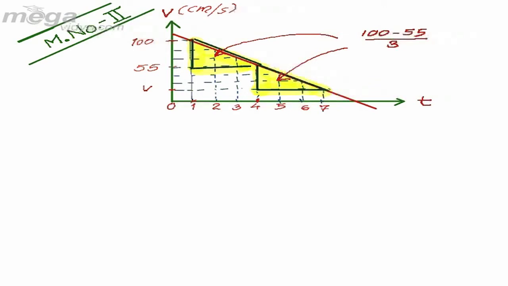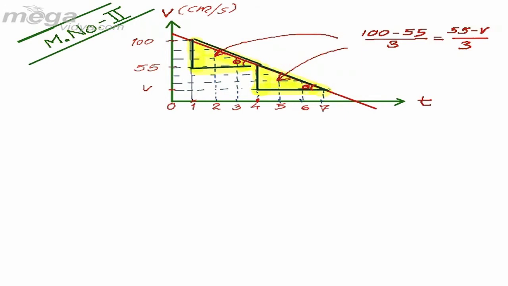So perpendicular upon base, if we say this angle is theta, then for the second triangle it comes out to be 55 minus v divided by 3. 55 minus v is this side, and 4 to 7, this side, is 3.